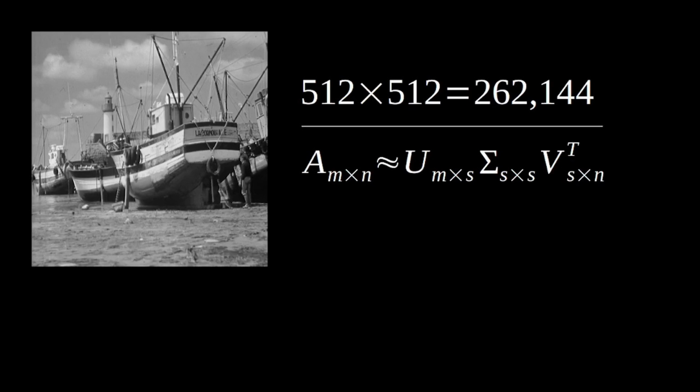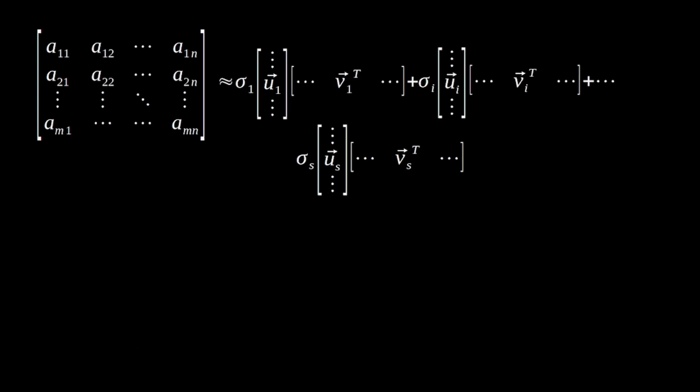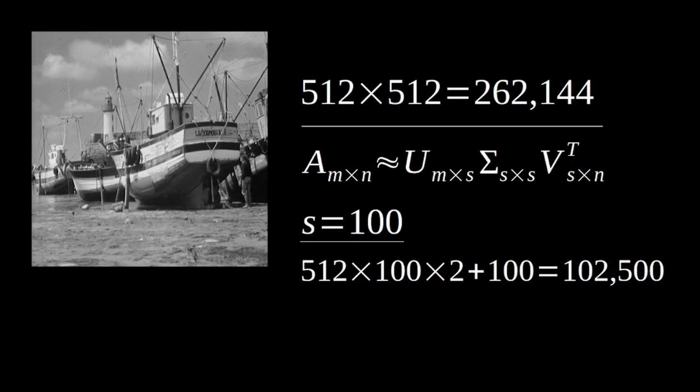However, if we use our approximation with our cutoff point s in our SVD, and let's just say that we set s equal to the first 100 singular values, so we're only going to use the first 100 singular trios in producing this, and we keep everything in this format of a singular value, left and right singular vector, and we're just combining all of them, we'll be storing 512 by 100 times 2 for our left and right singular vectors, plus 100 singular values, for a grand total of 102,500 integers to store an approximation of this boat image.